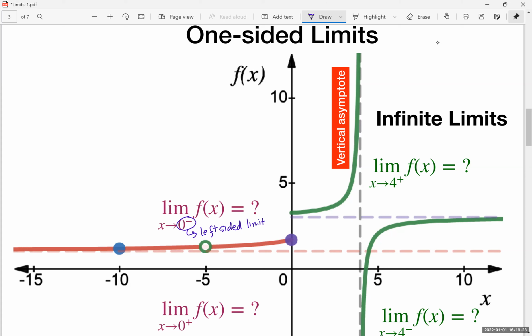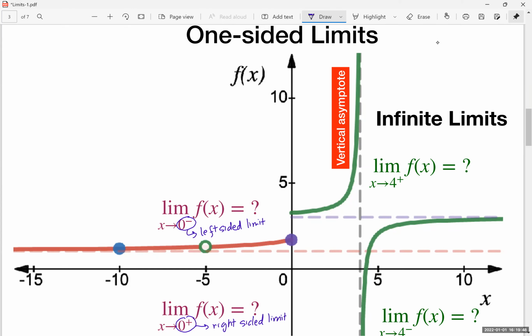Okay, versus if you have the limit of f of x when x is 0 positive, which means you're asked to find the limit of the functions when x goes to 0 from the right side.